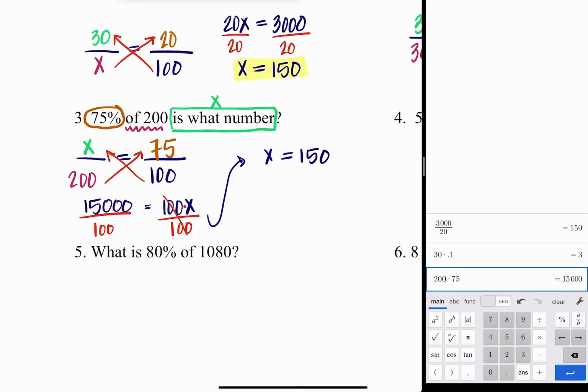That is 150. Yes. If you want to check it, you can go over to your calculator. To find 75% of 200, we need to multiply 200 times 0.75, and you get 150.